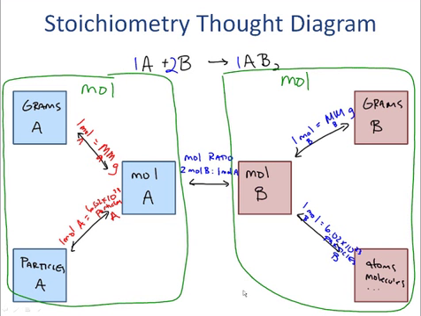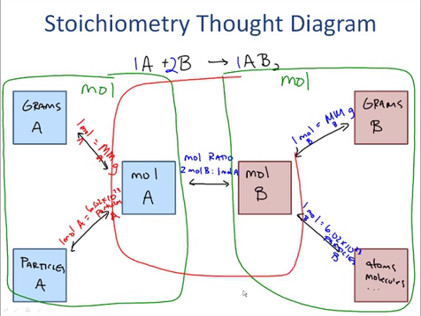You've already done all that. All you have to do is this one goofy step in the middle where you go from moles of some substance and you change it into moles of another substance. And the way you do that, again, is your mole ratio here. So that's kind of the key part of stoichiometry.